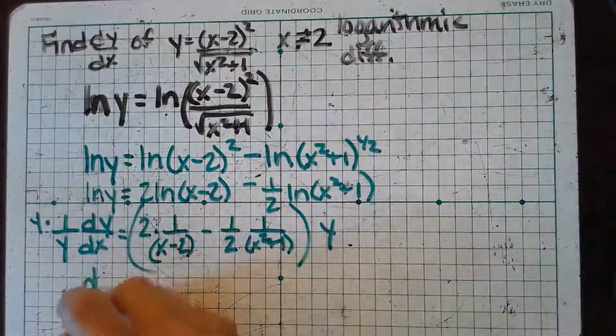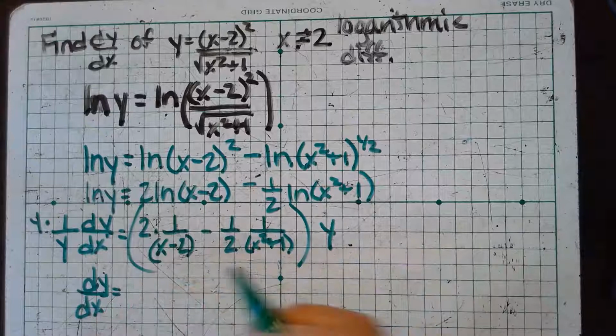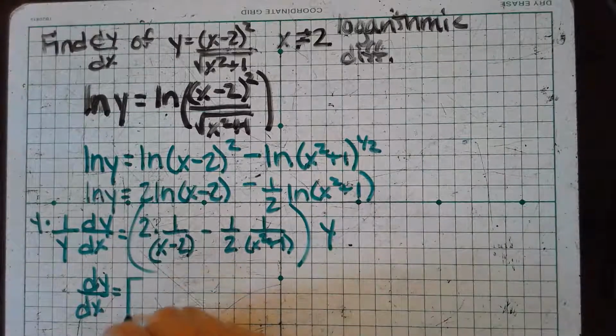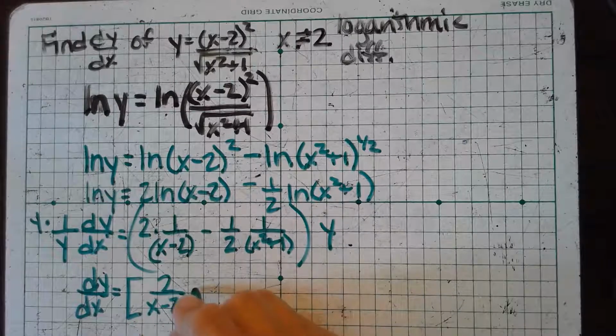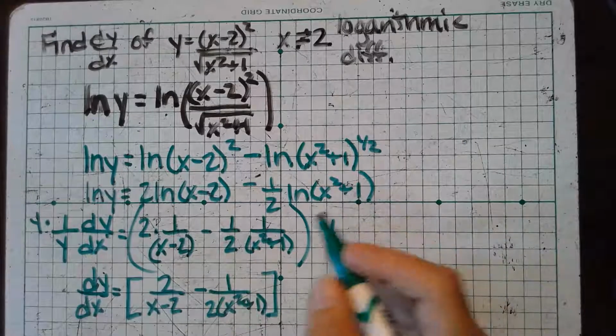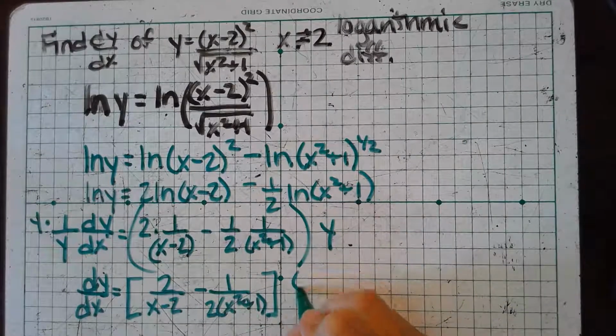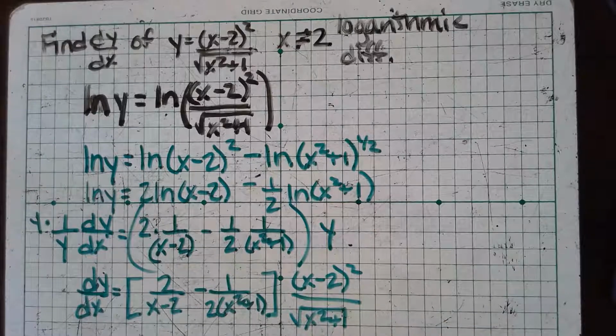So this is dy dx equals, all right, we're going to have 2 over x minus 2 minus 1 over 2 x squared plus 1. And then we times it by y, okay, which is x minus 2 squared over the square root of x squared plus 1.